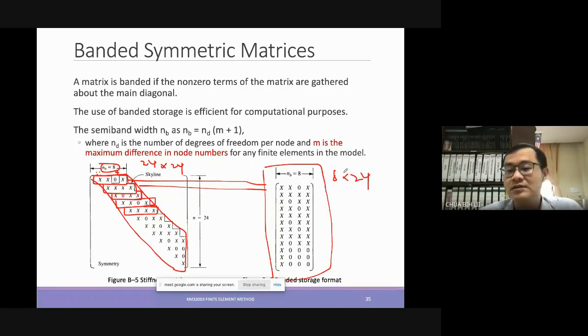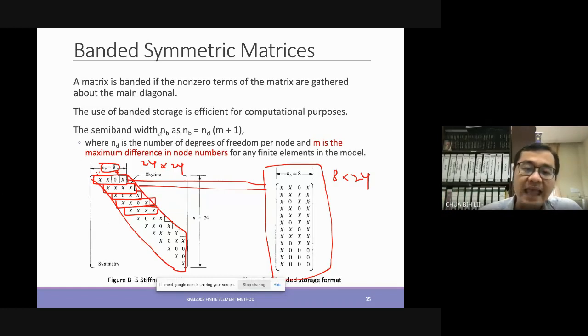So 3 times less data compared to this. That's why it will reduce the memory size, as well as being much easier to compute. You don't have to multiply, even though it is multiplication of 0, it still takes the computer to do the multiplication for you.